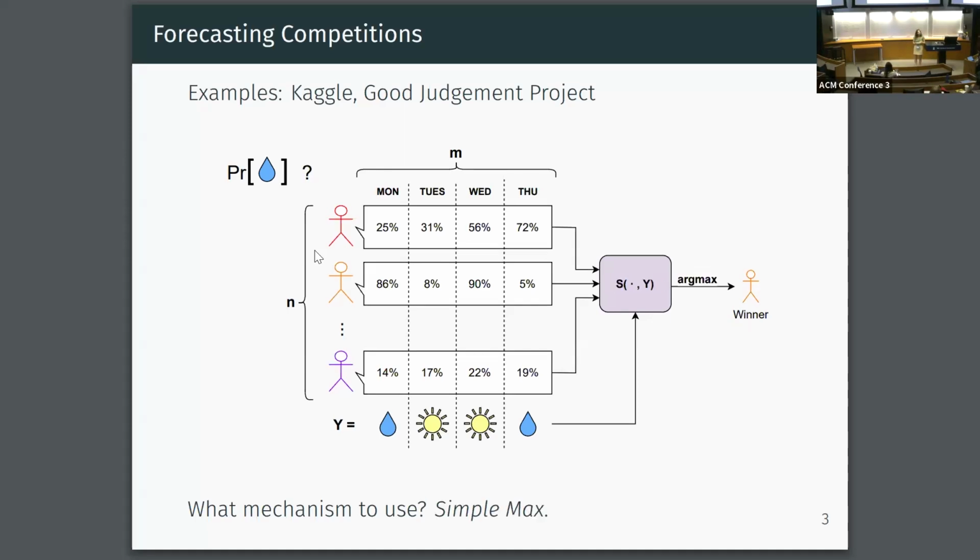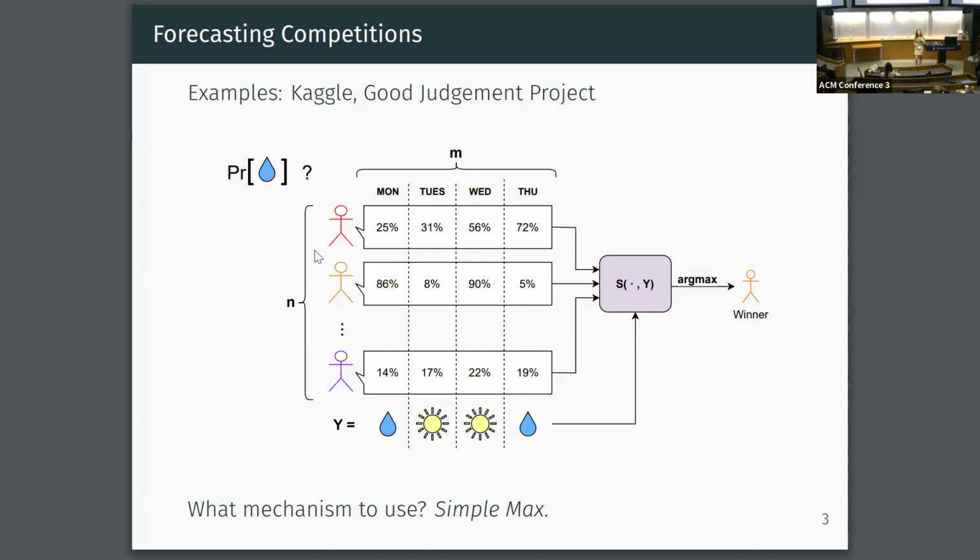And the answer in practice, most competitions end up using simple max, including Kaggle. So in simple max, what we do for each outcome, we score a person's prediction or report with that outcome using a proper scoring rule. And I won't get into the details of proper scoring rules, but the idea there is that your expected score is maximized by reporting truthfully, right?